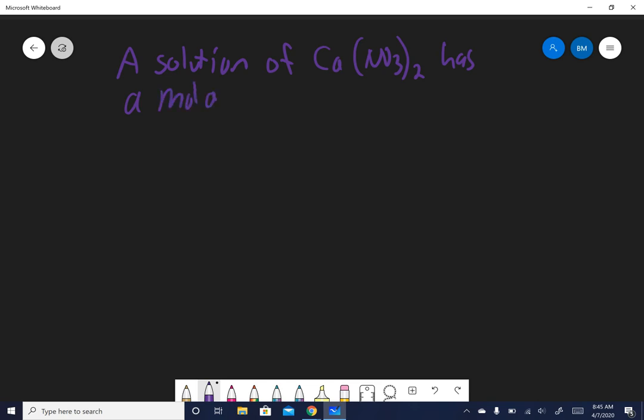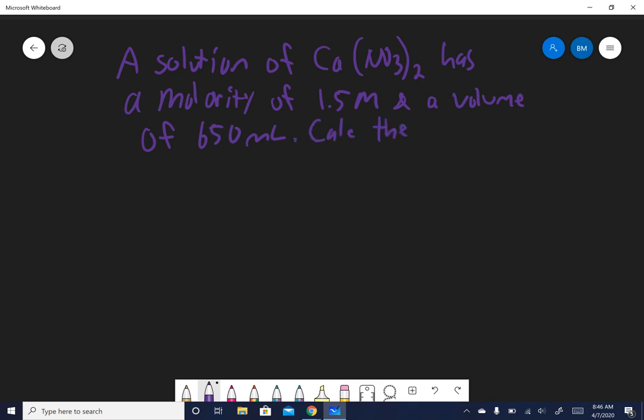Okay, so a solution of Ca(NO3)2 has a molarity of 1.5 M and a volume of 650 milliliters.